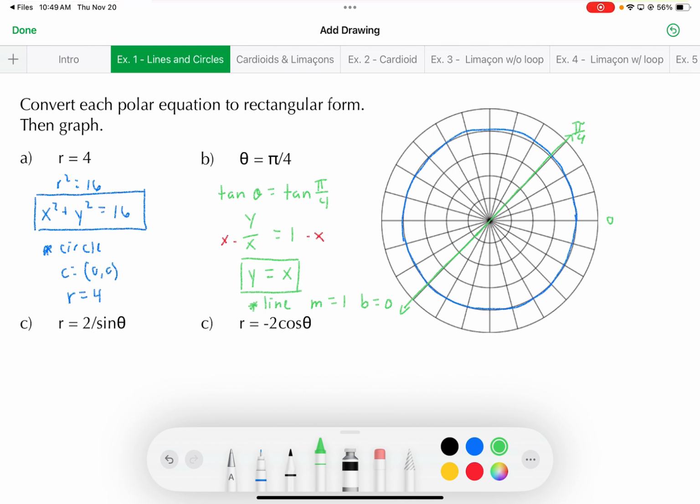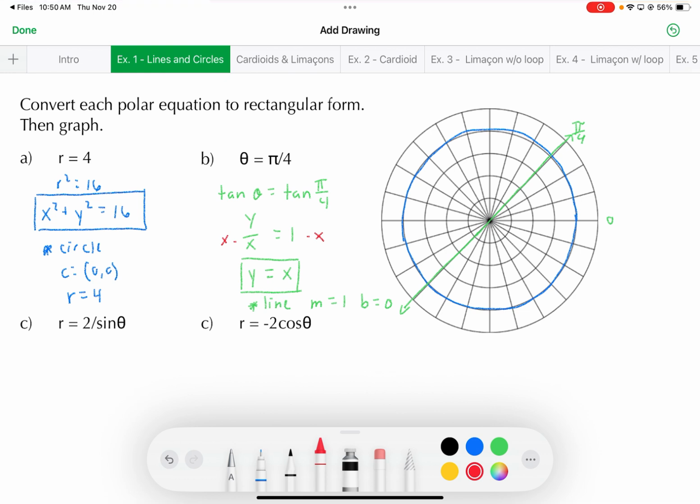So sometimes students think, oh, I shouldn't include that half of the line. But think about how we plot points. If I had negative 2, pi over 4, what would I do? I would rotate to pi over 4, and I would go 2 back, okay? Which would end up on that half of the line, okay?